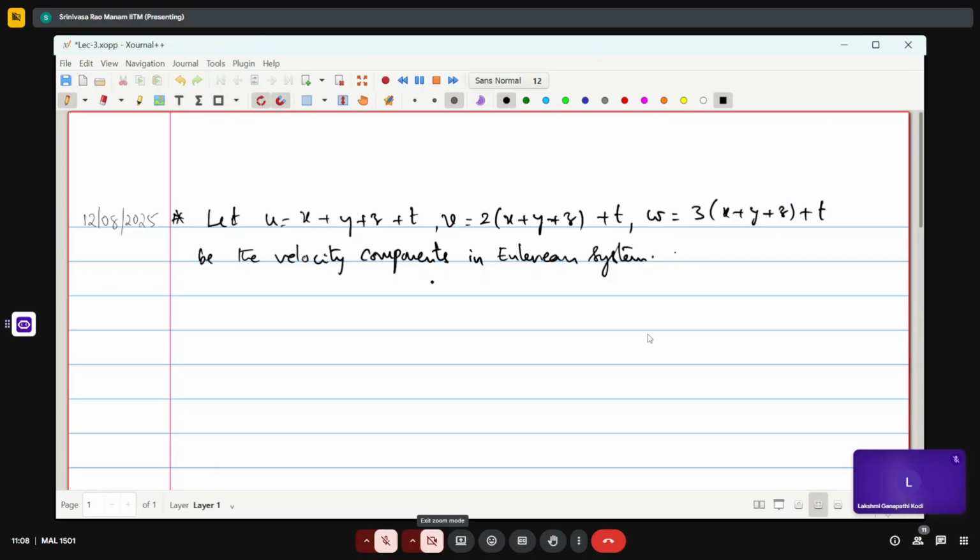Find the displacement of the fluid particle in the Lagrangian.